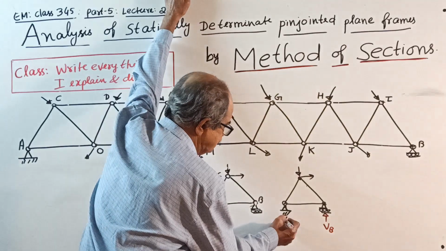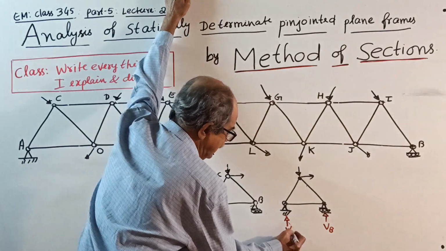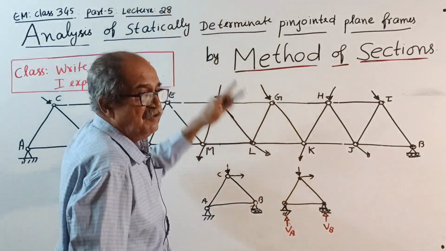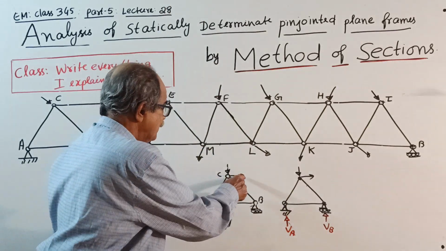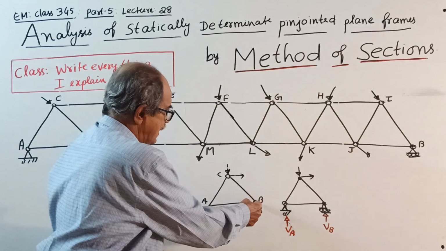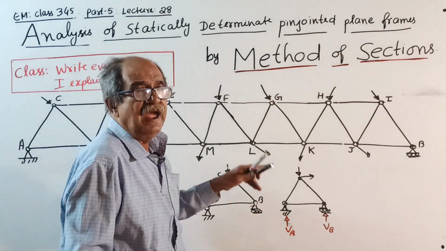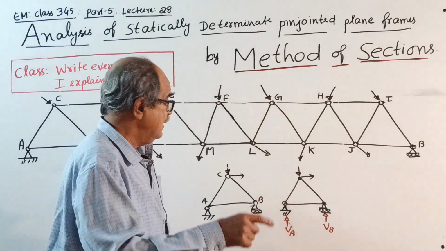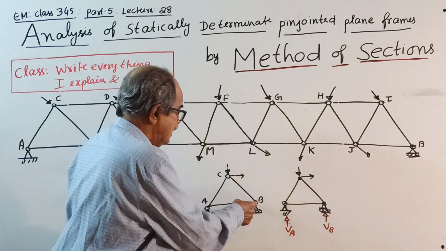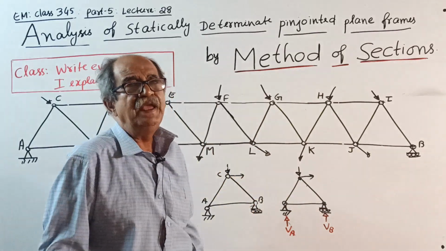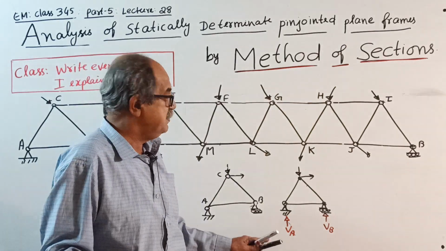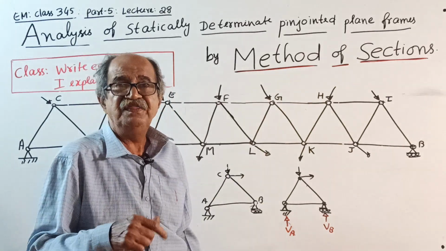So right now, I will assume upward. It will be upward if the moment of this horizontal force about B, not A, about B, is less than the moment of this vertical force about B. Don't bother why.